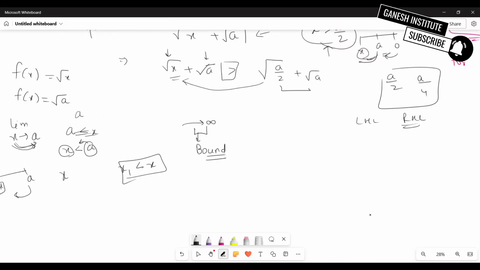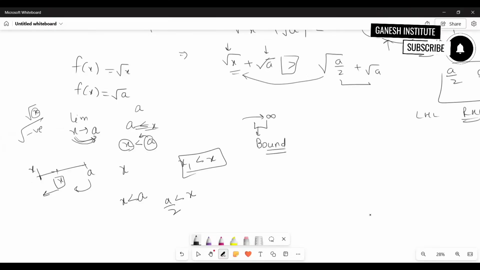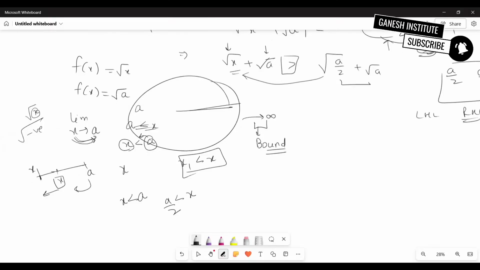Okay, if x is approaching a, how is x more than a? Because it's coming to a value that is as large as a. No, I'm saying a is greater than x at the moment, but x is greater than half of a. Right. I'm assuming that, see, this is the circle. The radius is a. X is coming out somewhere here, here, here. So I'm assuming that x, this much is a by 2.